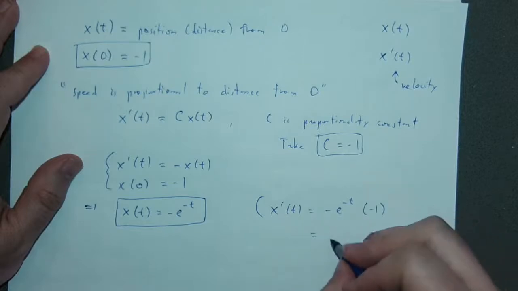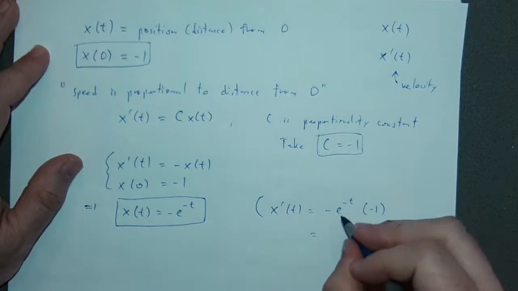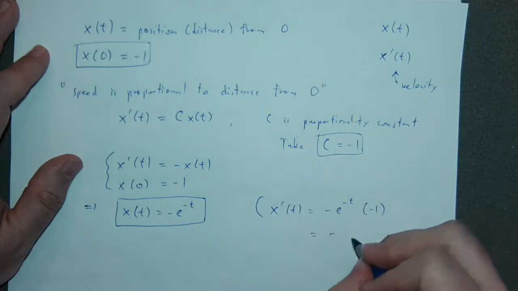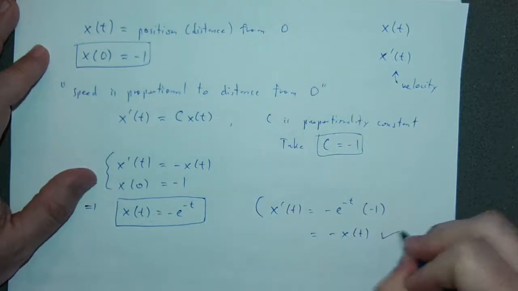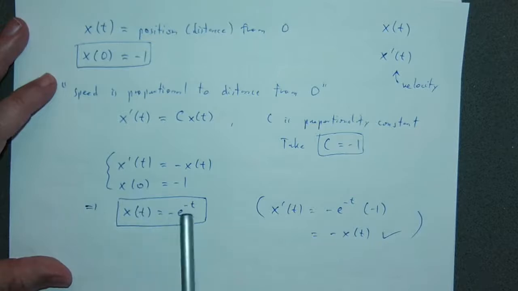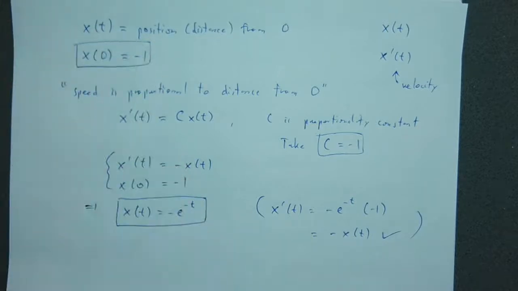But that is minus 1 times minus e to the minus t, that's just x. So this is minus x of t. So indeed, this satisfies that equation. And if I plug in 0 here, I get minus 1. So good to go.